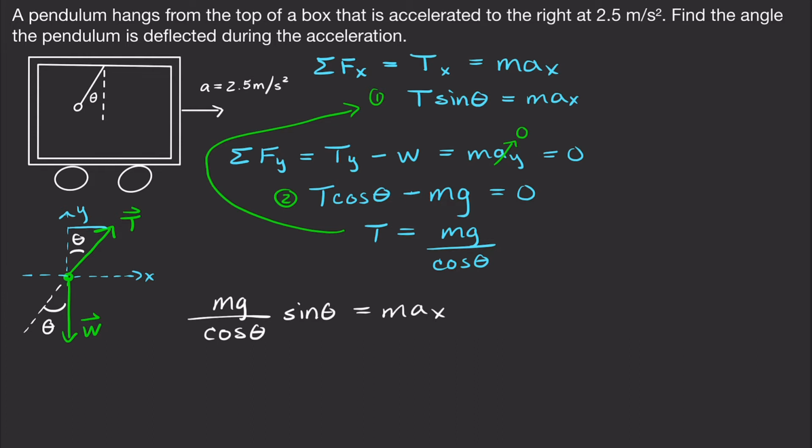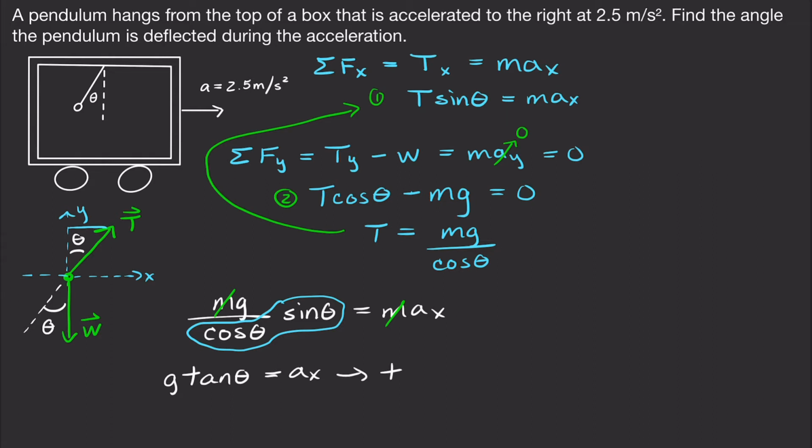So first, I can see my mass cancels out. That happens a lot in Newton's law problems, so you should always look for it. And then I have a sine theta over cosine theta. So this is going to give me g times tangent of theta, since sine over cosine is tangent, equals the acceleration in the x direction.